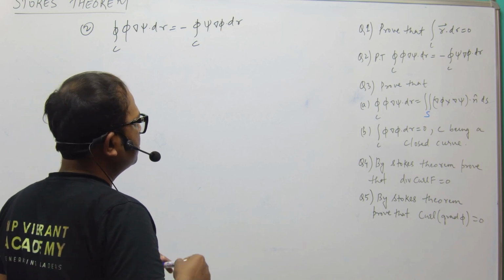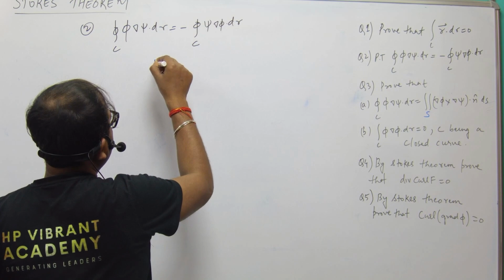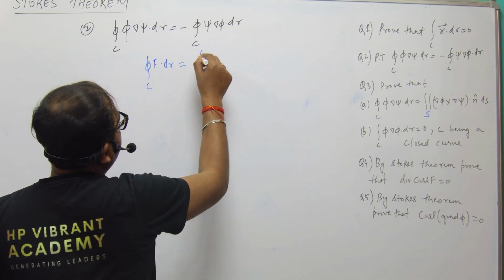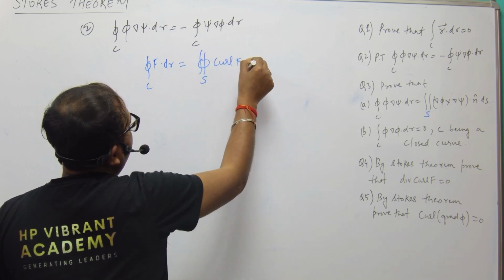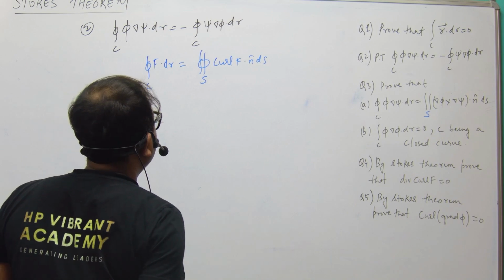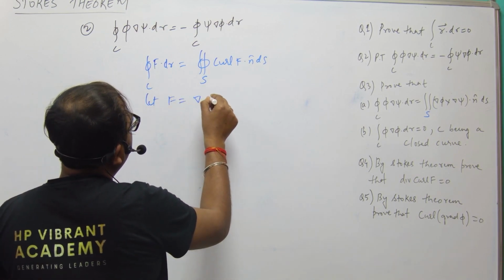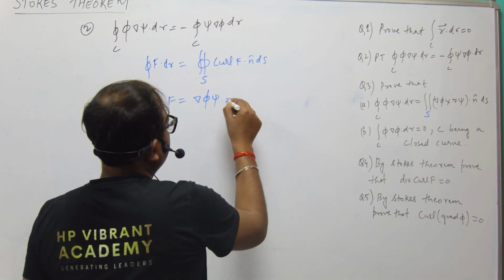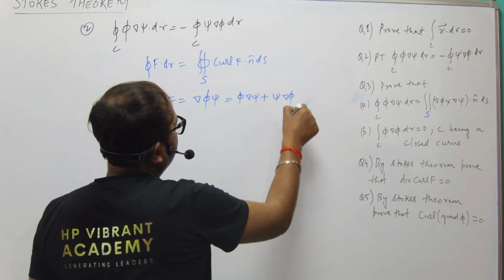Let us write down the Stokes theorem. We have the Stokes theorem as the line integral of F dot dr along the curve C equal to the surface integral along the surface S of curl of F dot n cap into dS. Let F be equal to del of phi psi, which we can expand as phi times del psi plus psi times del phi.